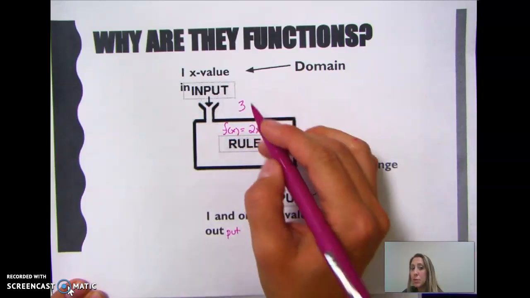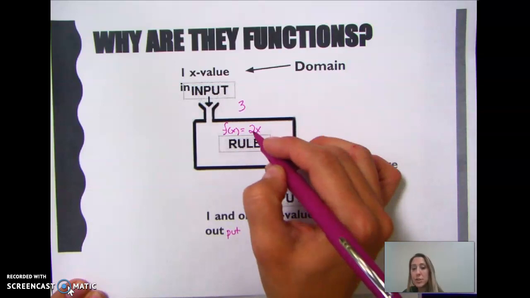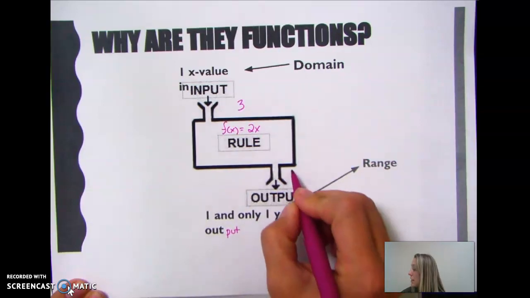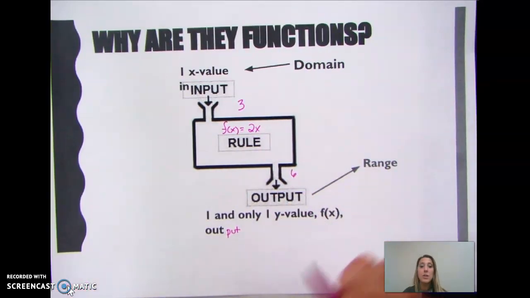If I put in 3 into this function, I get 2 times 3, which gives me an output of 6. So for every one input, I only get one output. It can't mean that 3 can equal 2 different numbers. It means that it equals one output.